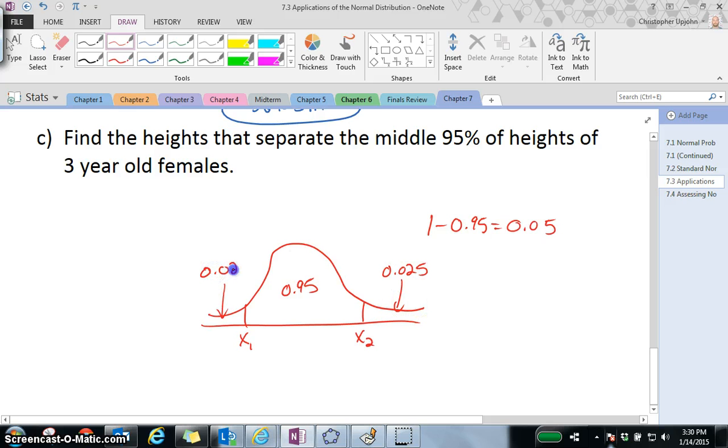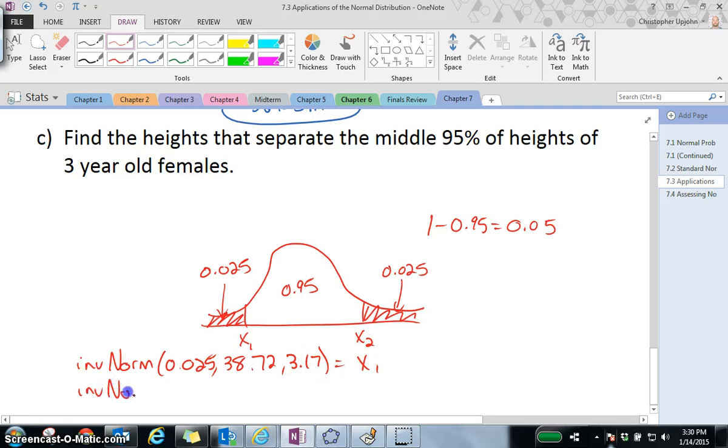The area of each one is 0.025. And now it's just like the last problem we just did. Inverse norm, 0.025, our mean, 38.72, our deviation will give us our first X.